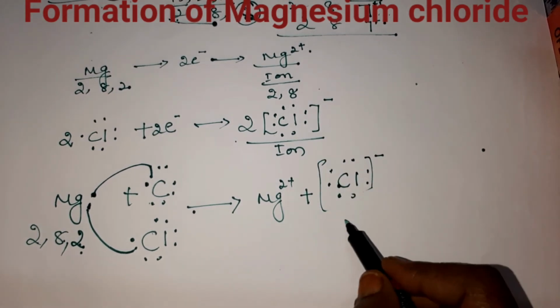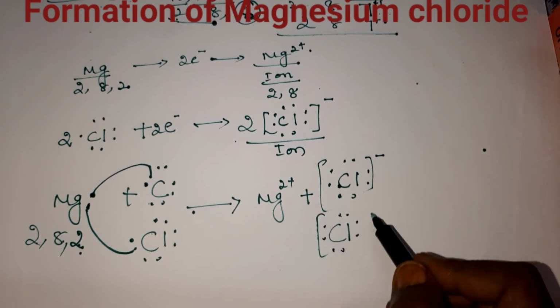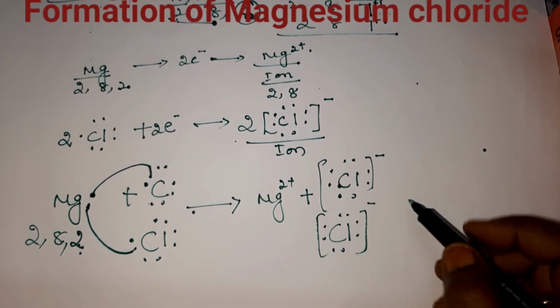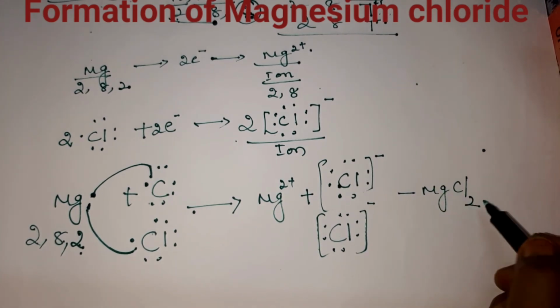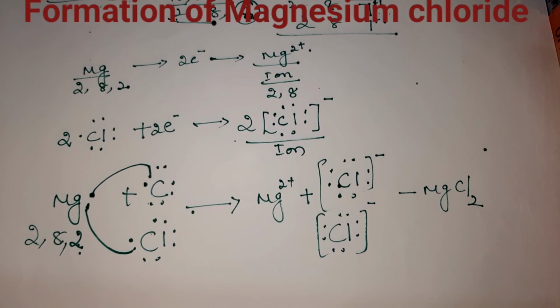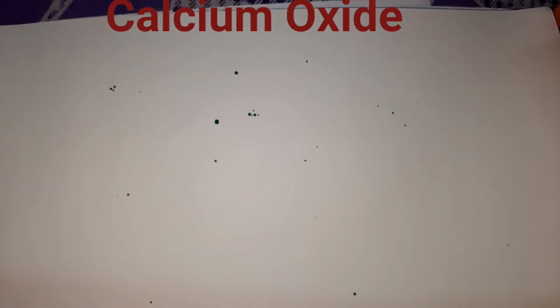Clear children? And this chlorine also forms negatively charged after receiving electrons and becomes magnesium chloride. Understood children?